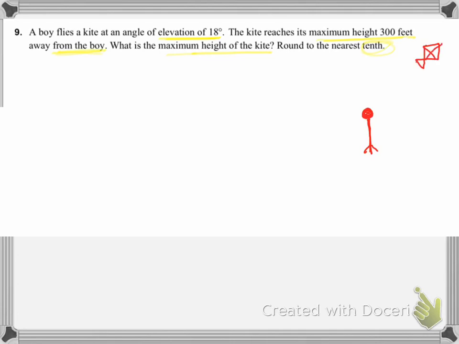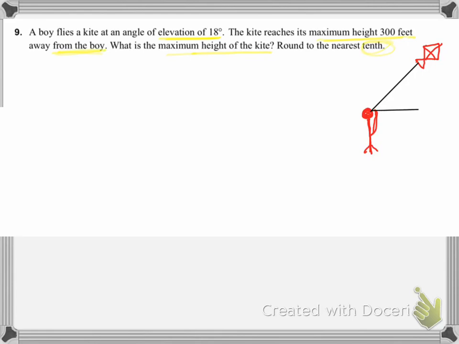Then from here the string is going to be like this. Sorry, I haven't drawn his hand, so this is his hand, suppose he's holding it. Then it says the kite reaches a distance of 300 feet away from the boy. It means they're talking about this thing.